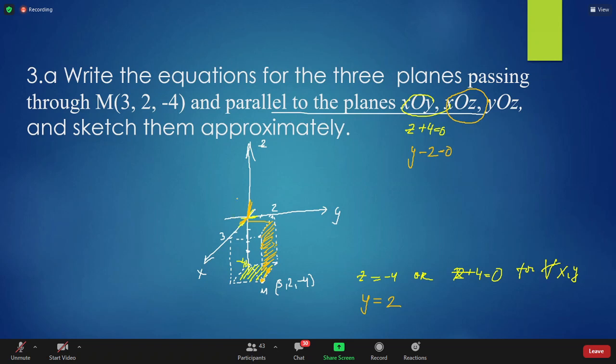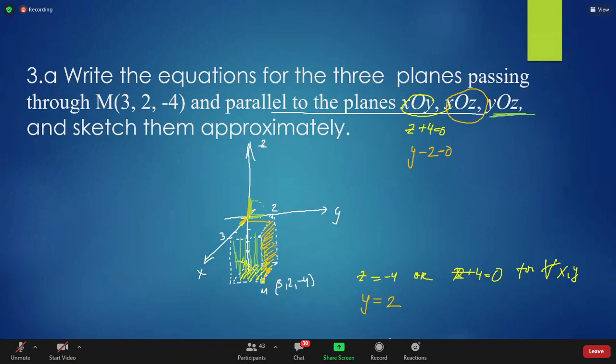And finally, the third plane, that would be parallel to YZ. This is Z, this is Y, so parallel to this plane there. So if we have to go through point M, then parallel to the YZ plane, that would be this vertical plane.